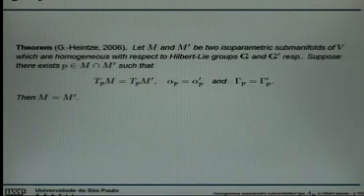So the main tool is this rigidity theorem. It's not difficult to prove. So if you take two isoparametric submanifolds, M and M prime in V, both homogeneous with respect to Hilbert Lie groups, G and G prime.